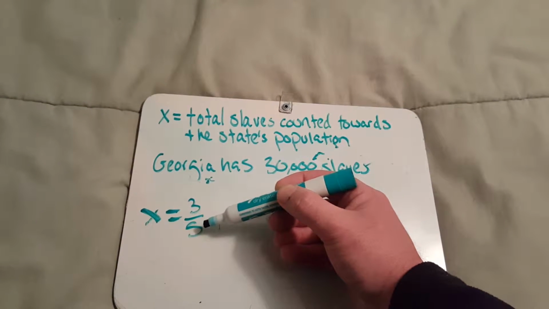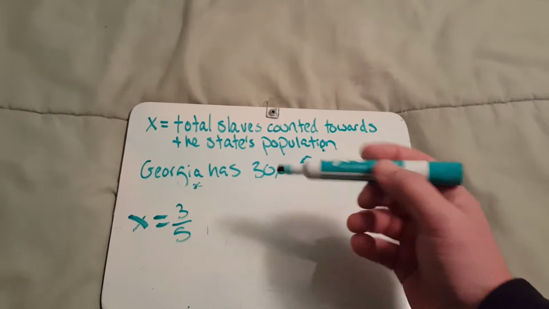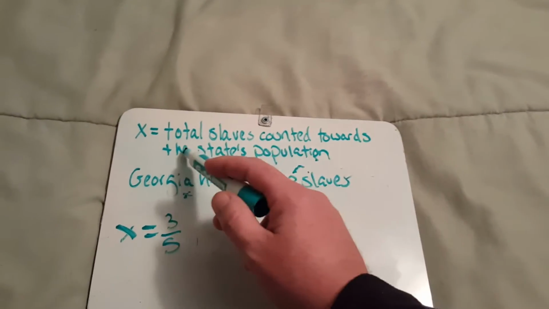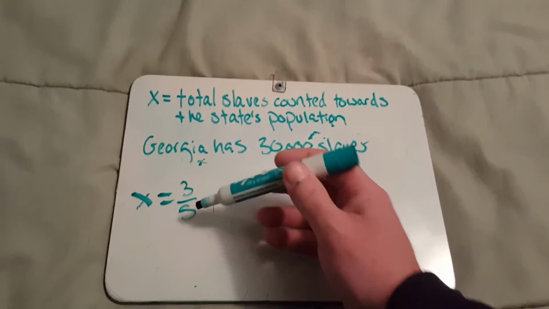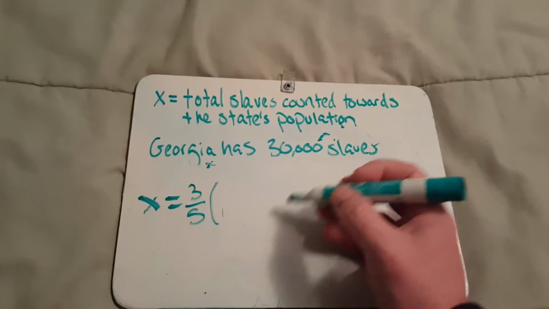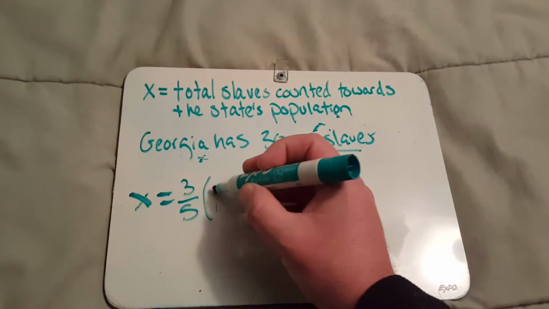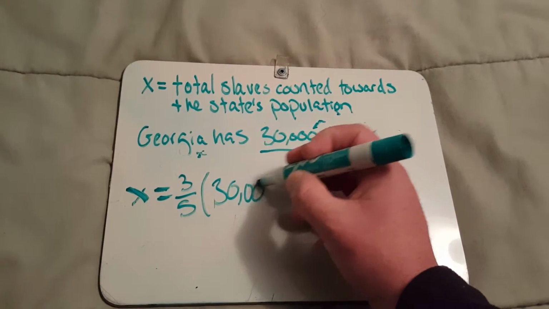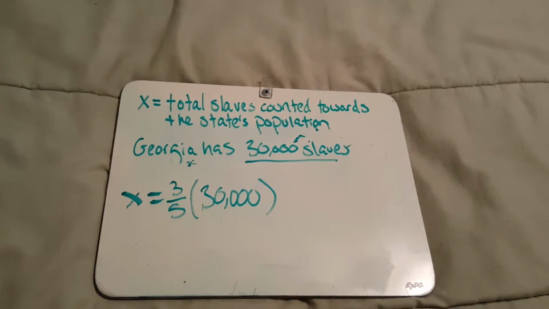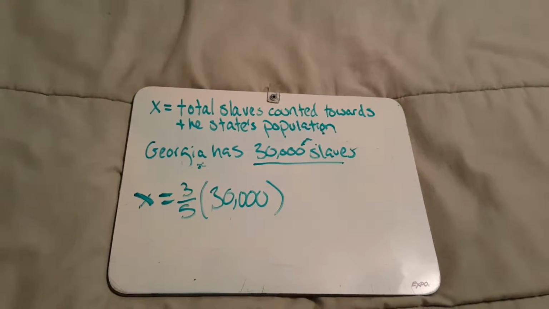Okay? So to find out how many is actually going to be counted towards the state's population, we need to take 3/5 and multiply it by the total amount of slaves that state has. Okay?